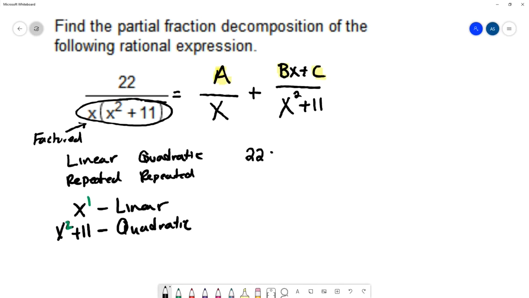We're going to have 22 on the left, because it cancels the denominator, equals A times x squared plus 11, because the x is canceled out, plus bx plus c times x, because the factor of x squared plus 11 cancels out.